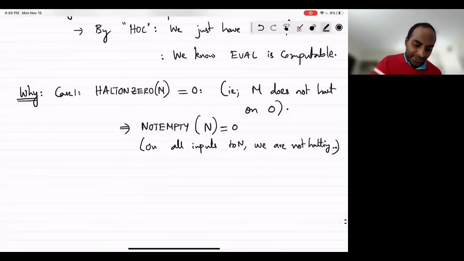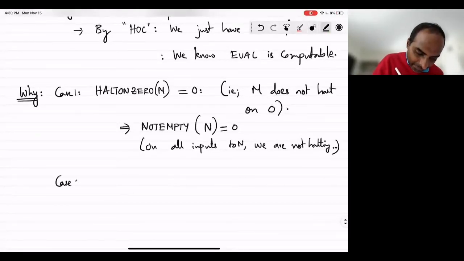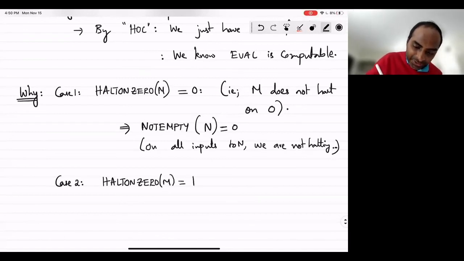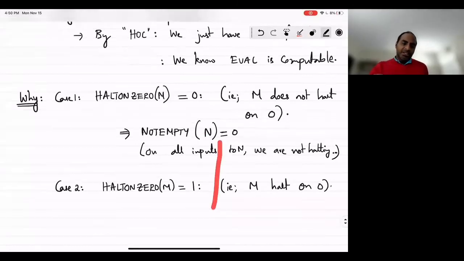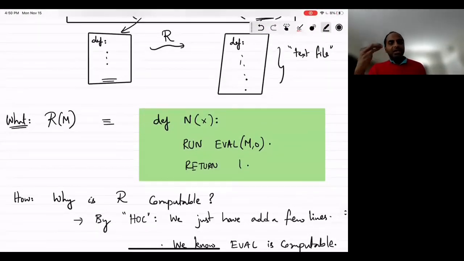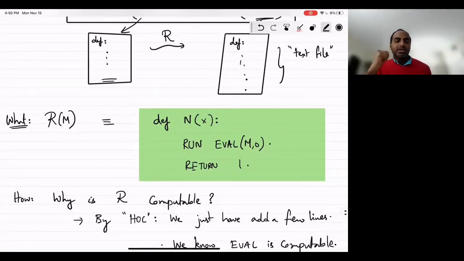Now let's see what happens in the other case. Halt on 0 of M equals 1, that is, M does halt on 0. Well, if you go to the new program N, on any input X, you would terminate in the first step, and then you'd go to the second step, which is returning 1. So on any input, the output is 1.